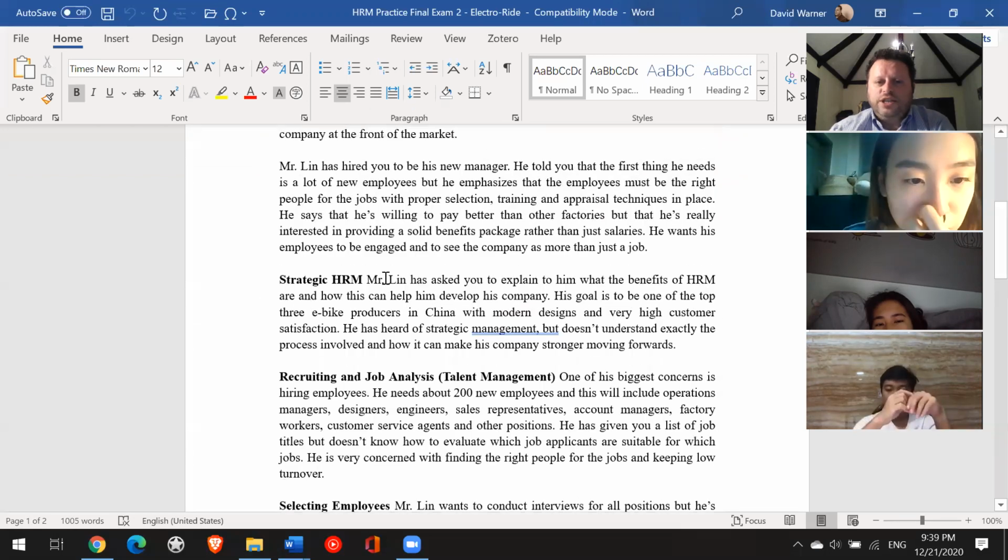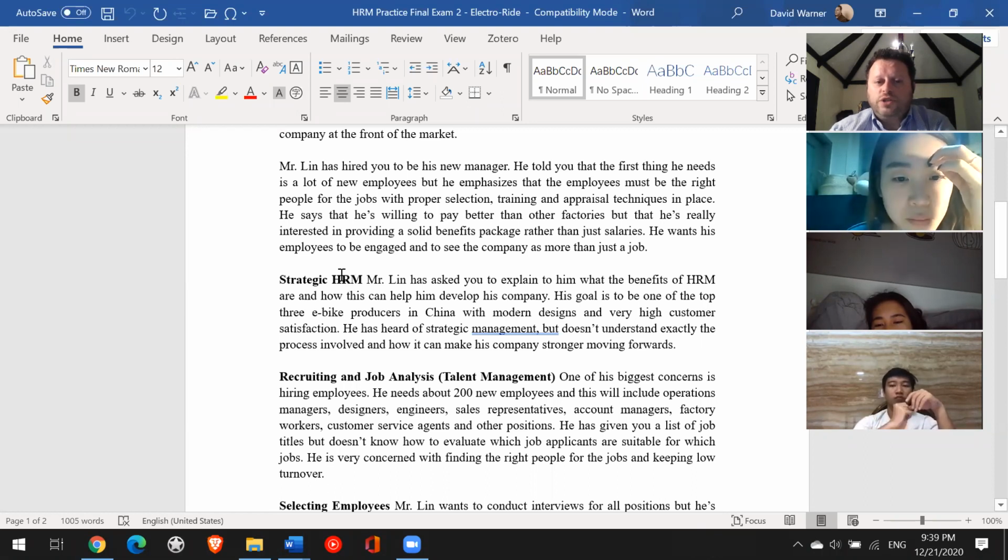So, strategic HRM. Mr. Lin has asked you to explain to him what the benefits of HRM are and how this can help develop his company. His goal is to be one of the top 3 e-bike producers in China with modern designs and very high customer satisfaction. He's heard of strategic management, but doesn't understand exactly the process involved and how it can make his company stronger moving forwards.